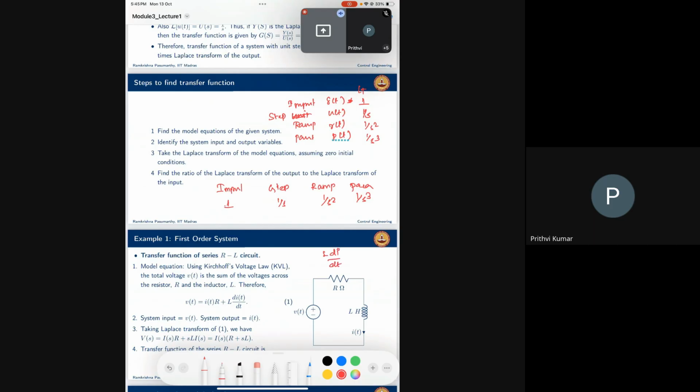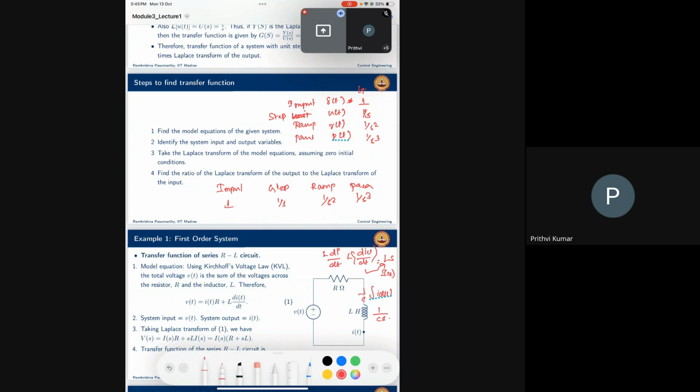When you have a differentiation, di by dt, when you take a Laplace transform, it becomes L into s times I of s. So when we have a differentiation, we have an s. When we had an integration, 1 by C into the integral of i dt, we had 1 by s. So whenever we have integration, when we take a Laplace transform, it becomes 1 by s.